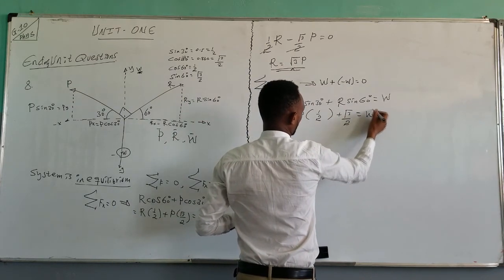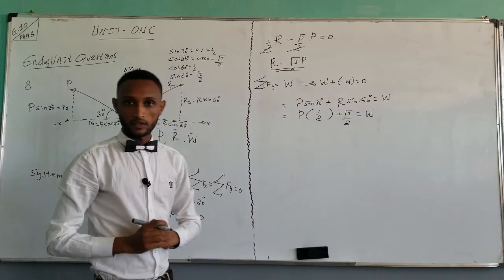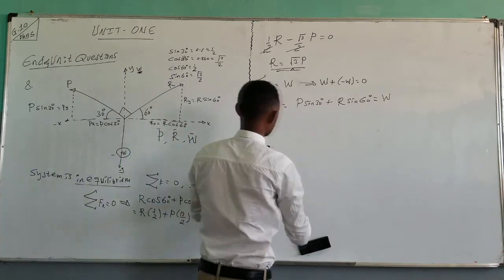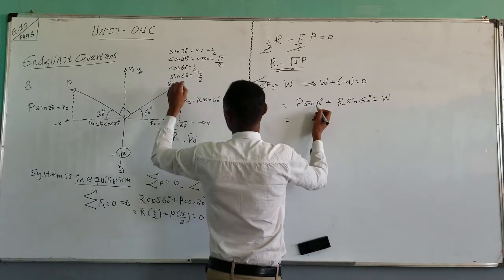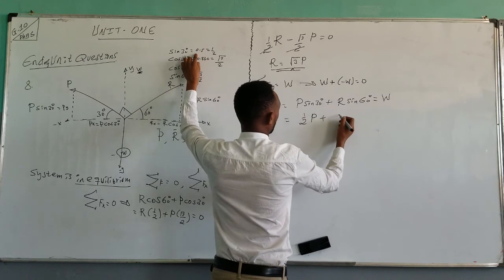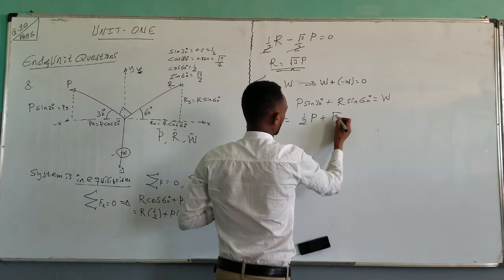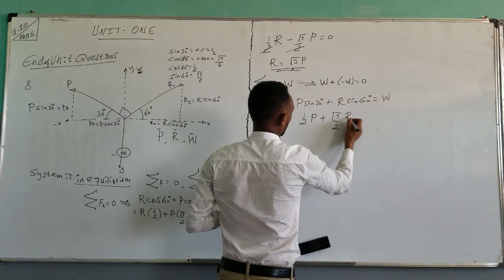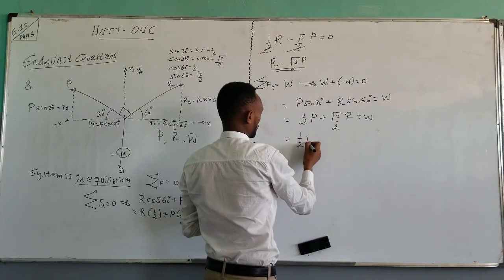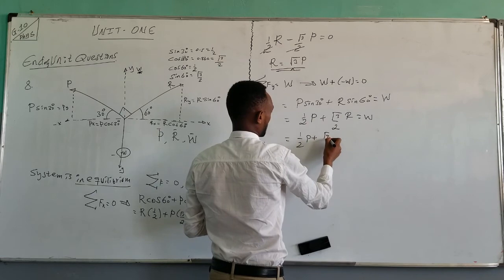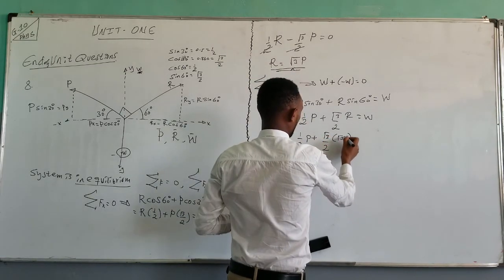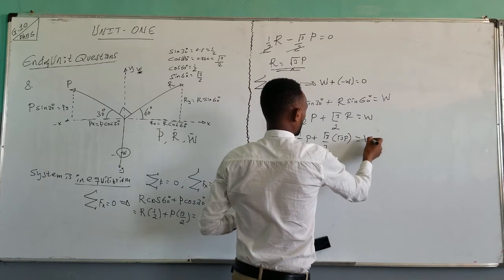So, in positive y components, half of P plus root 3 over 2 times R is equal to W. Then 1 over 2 P plus root 3 over 2 times R, where R is root 3 P, is equal to W.